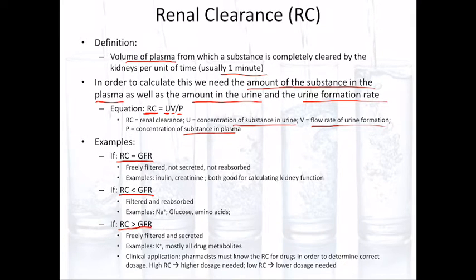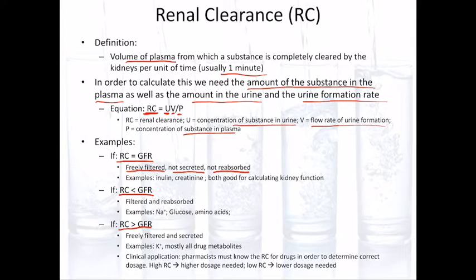Okay, so if it's the first option, what this means is it's freely filtered, meaning it goes into the urine just with the rest of the plasma. We don't secrete it, meaning we don't add more of it to the urine as it passes through the kidneys, but we also don't bring it back. Okay, so the same amount that went in right there at Bowman's capsule and with the glomerulus, that amount stayed in there.